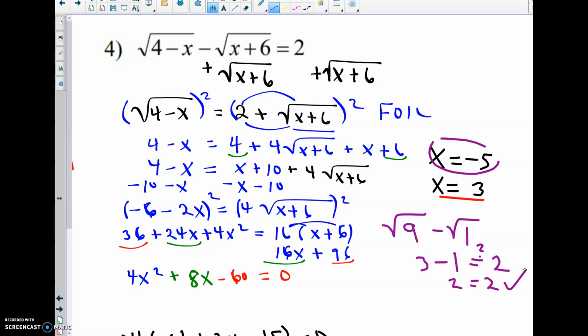So -5 checks out. Now let's try 3. 4 minus 3 is 1, so the square root of 1 minus the square root of 3 plus 6, which is 9. Does 1 minus 3 equal 2? And that answer is no, so 3 is an extraneous root. So your answer for this equation is just -5.